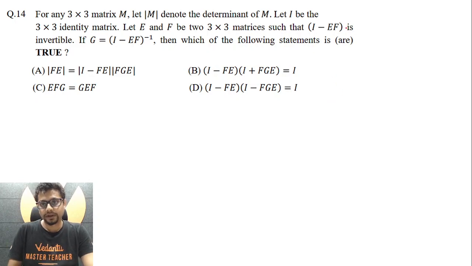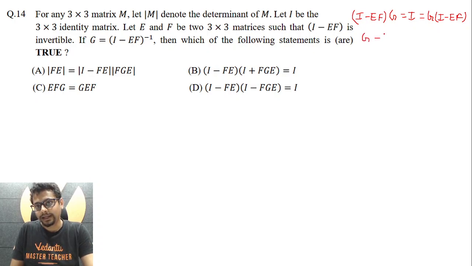Let's explore. So here, the inverse of I minus EF is G. So I can say (I minus EF) times G is the identity matrix, and so is G times (I minus EF), because the inverse of I minus EF is G. So that essentially means G minus EFG is equal to the identity matrix, which is equal to G minus GEF.